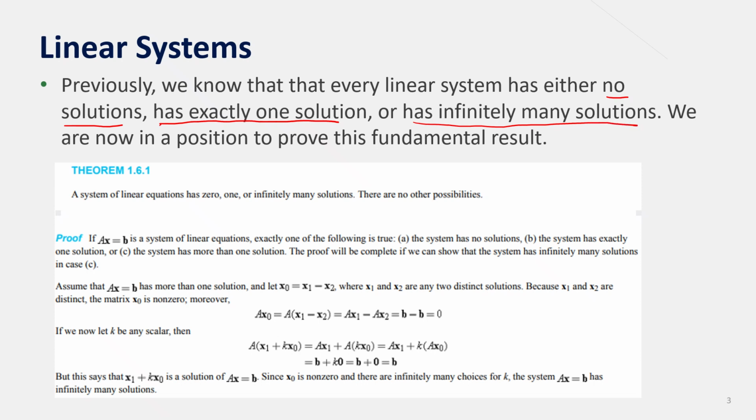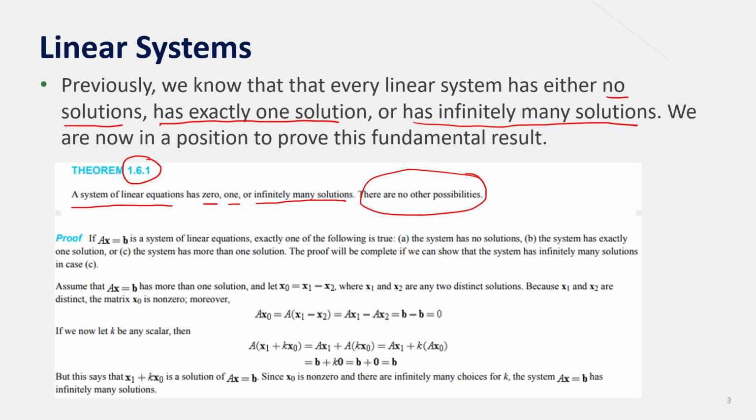And we are now in a position to see the theorem, or proof, of that condition. In the book it is defined as this theorem, where a system of linear equations has either 0, 1, or infinitely many solutions. Only those three possibilities. There are no other possibilities.